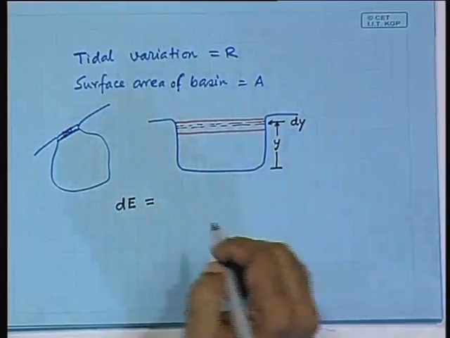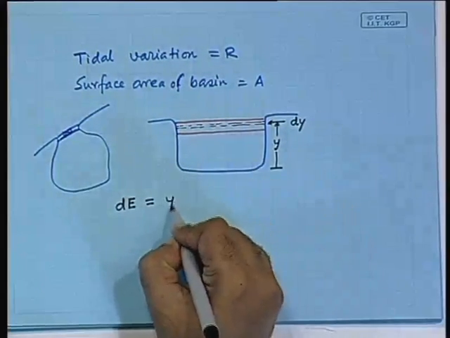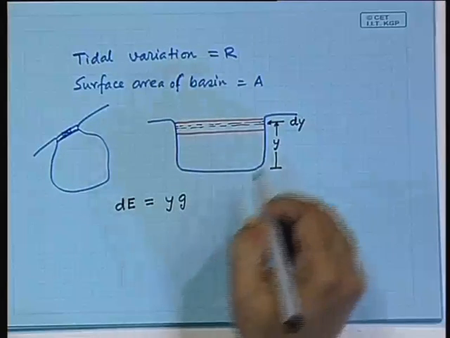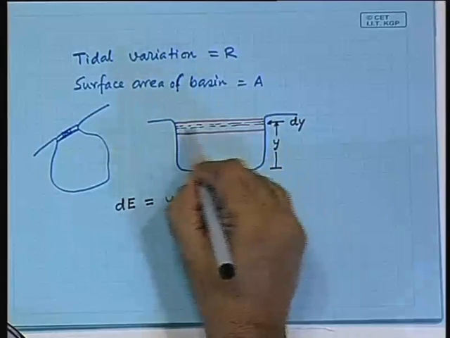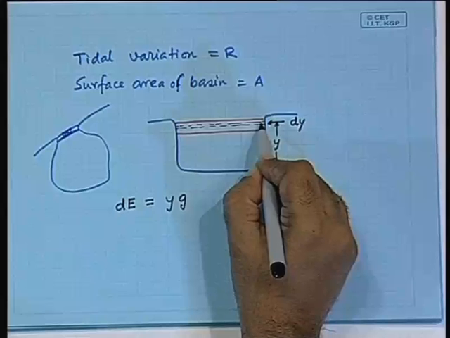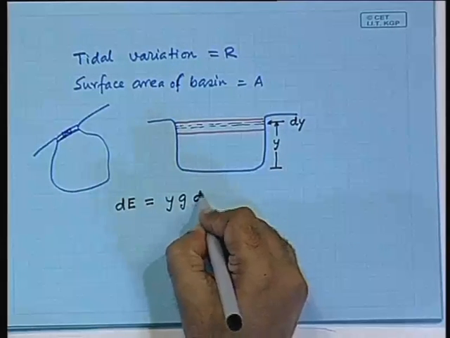So, h is y, g, and let the mass of the water be dm.